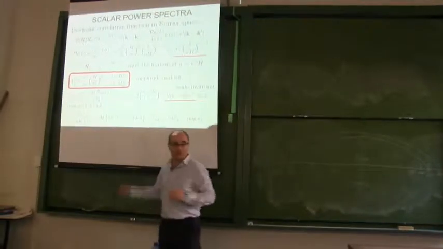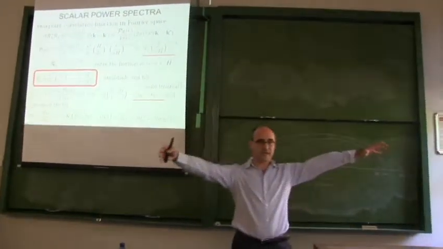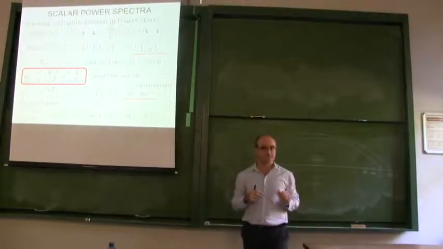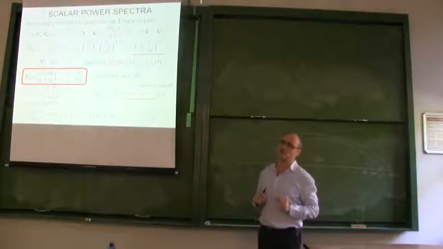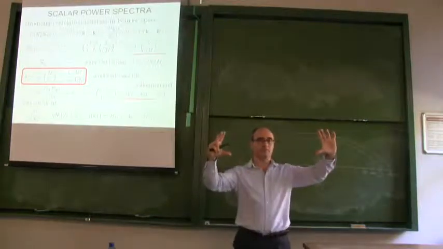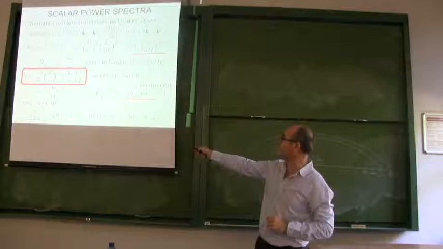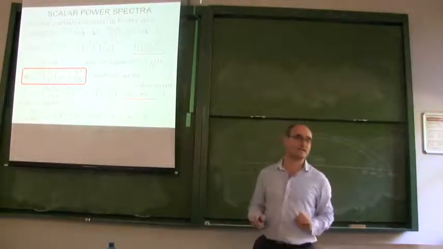We can treat these fluctuations as quantum mechanical fluctuations that outside the horizon became classical, through what I don't think I'll have enough time to describe, which is a property of the quantum-to-classical transition as the fluctuation crosses the horizon, or treat it as a quantum mechanical problem. What is the two-point correlation function in momentum space in the vacuum? Okay? Both ways, you get exactly the same answer.